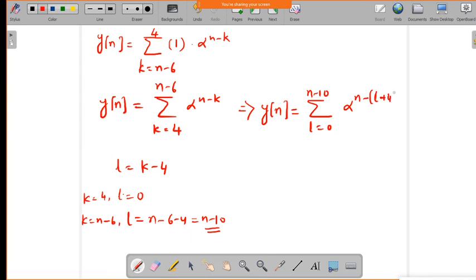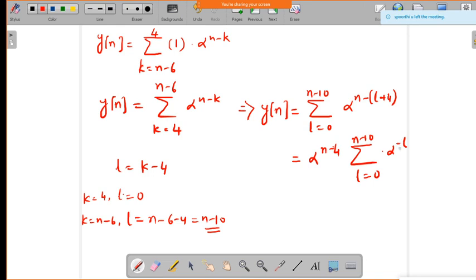Substitute the value of k here, which is L plus 4. So this will be alpha power n minus 4 minus L. You take the alpha power n minus 4 outside, and you get the summation L equal to 0 to n minus 10 of alpha power minus L.